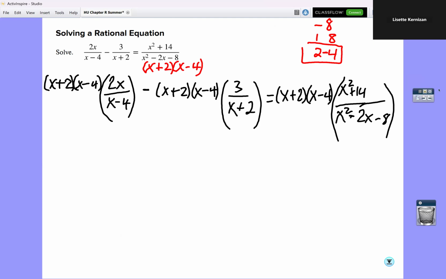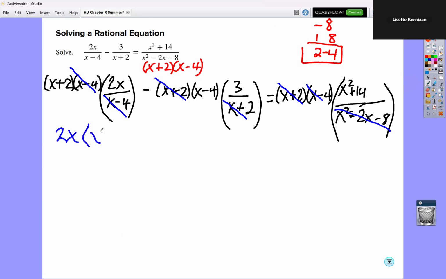All right, so now we need to start to cancel. I'm going to cross out here x minus 4, here x plus 2, and here both of these, because the bottom is equivalent to x plus 2 times x minus 4. That leaves me with 2x times x plus 2, negative 3 times x minus 4 equals x squared plus 14.